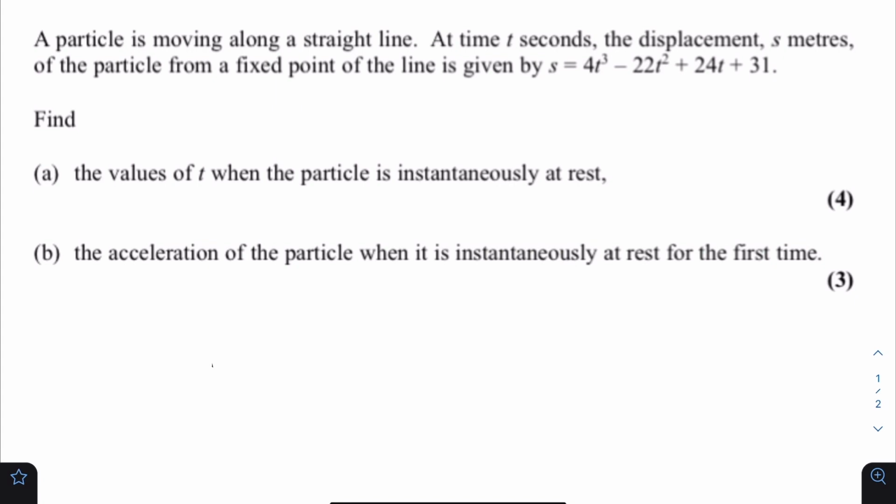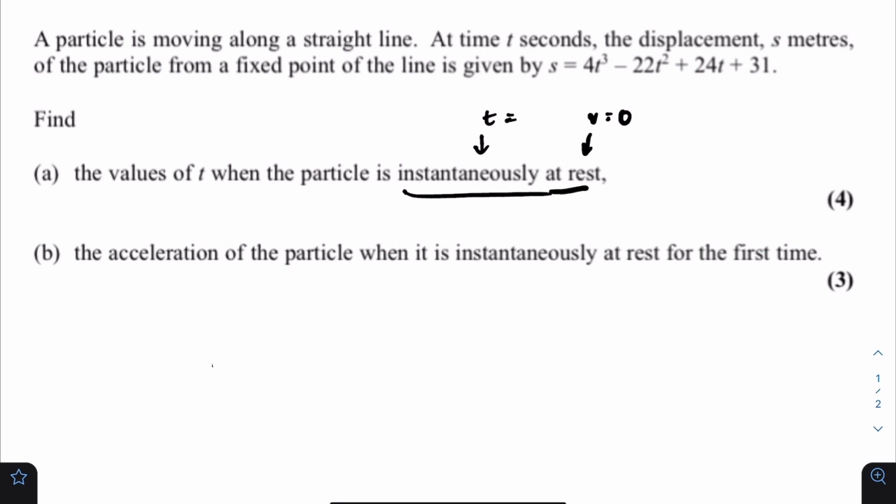If you want, you can pause the video and go through these questions, but I'm just going to go right ahead. Instantaneously is one of the words that we were using. Instantaneously means at a given time of t. The other keyword is at rest. At rest is when the velocity is 0.